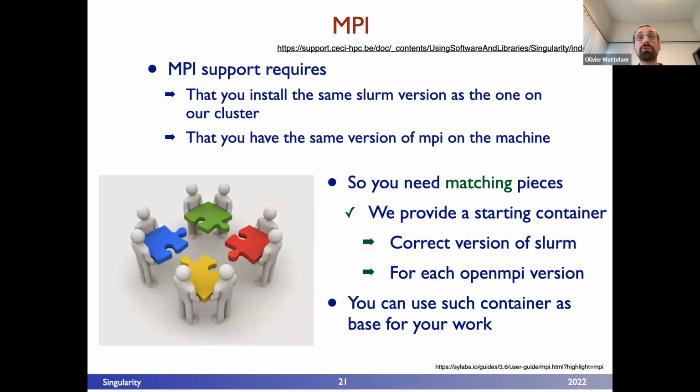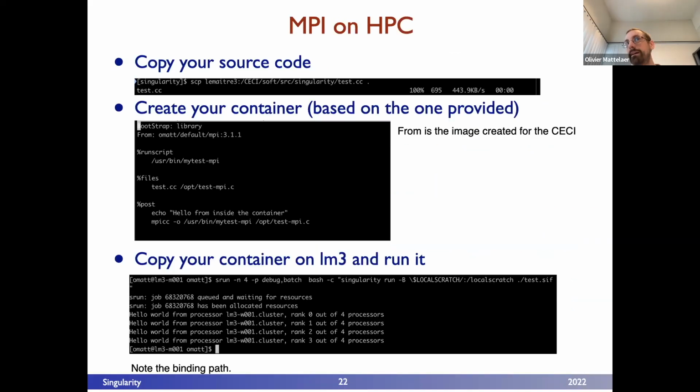So there are officially two ways to use Singularity with MPI, so with interconnect support. The one we propose on our HPC infrastructures, the one I recommend, and the one I exclusively made work at least, is this one. Basically, what we provide to you, at least in our consortium, but you can also do it yourself or ask your system manager, is to start from a container where we have already installed the correct version of Slurm and the correct versions of MPI associated to it.